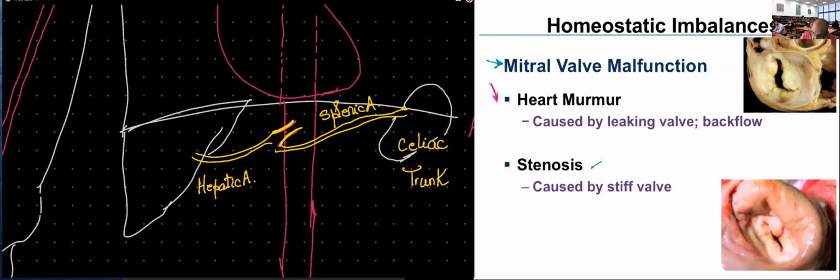And one of many branches that will be supplying the stomach. Remember, something related to the stomach is called gastric. But this one is on the left side, so this one is going to be my left gastric artery.